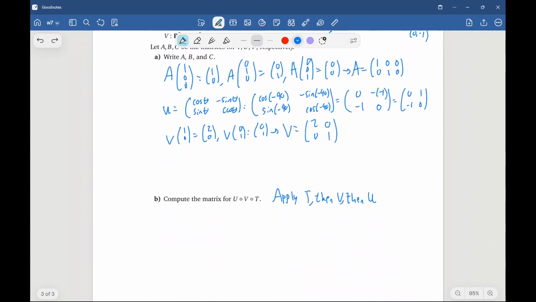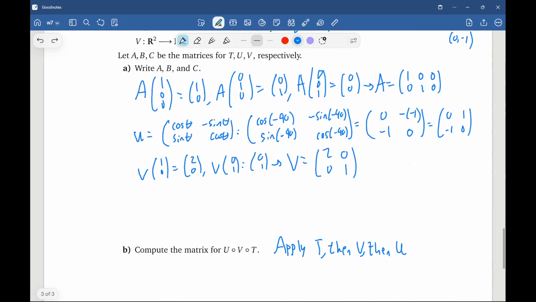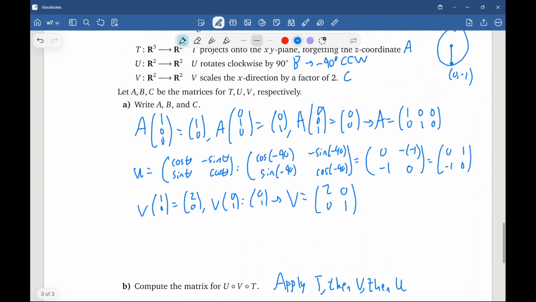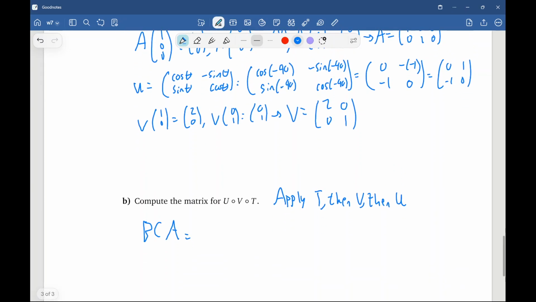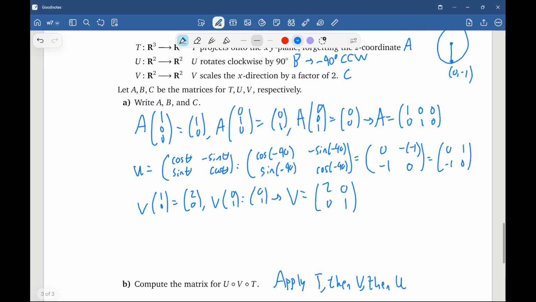Doesn't really matter. To actually get this, we just multiply their matrices. So that's going to be U is B, V is C, and then A. I called these the wrong thing.